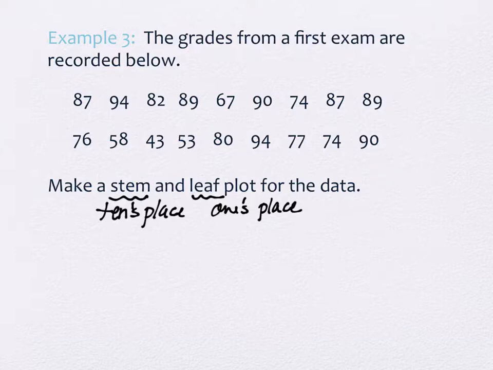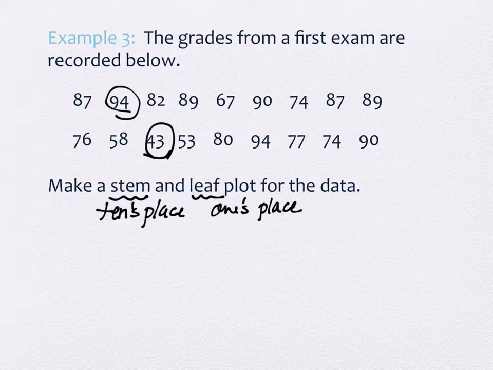So the first thing I need you to look at is what is my smallest value and what is my largest value. What's the smallest value in this list? I think it's 43. Is it? Anything smaller? Okay, what's the largest value? 94.